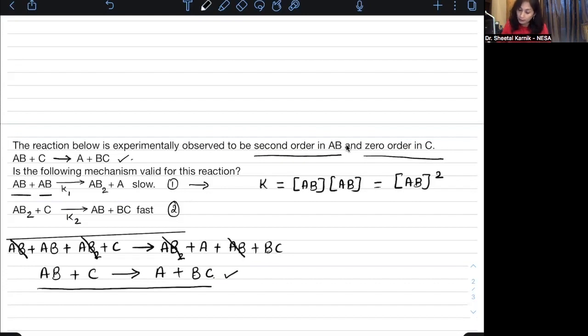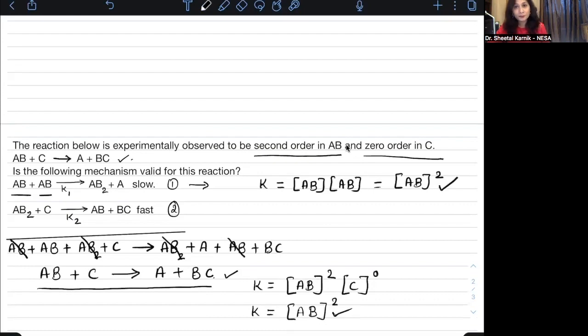Based on these observations for this reaction, I can write rate is equal to k, second order in AB, therefore AB squared, and zero order in C, so to the power 0. Therefore, I know that rate is equal to k times AB squared. And this experimentally observed rate law is the same as what I found in the slow elementary step. This is the second step of validity.